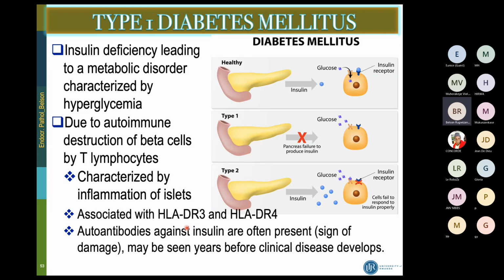So when you see these antibodies, ariko ntabwo ari ibintu bipimwa muri laboratoire izo ari zose, and I'm not sure if in our labs this is done. Otherwise, it may work as the screening test for type 1 diabetes mellitus.